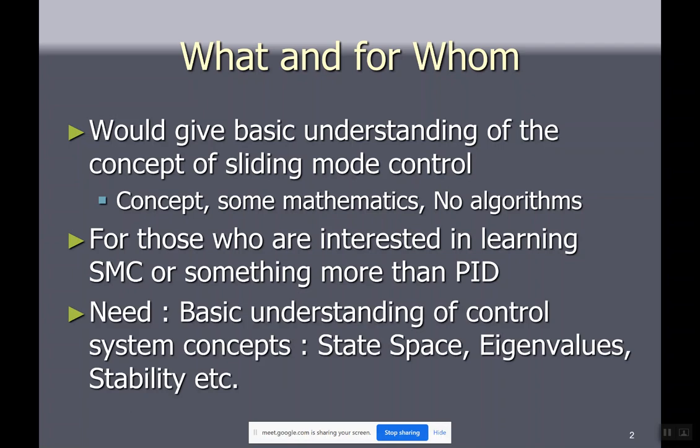The background expected is a basic understanding of matrices, eigenvalues, what stability in a system means, and of course, since we're talking about sliding mode control, the concept of state space. Basically, a good background in a UG control course is necessary for a good understanding of this lecture.